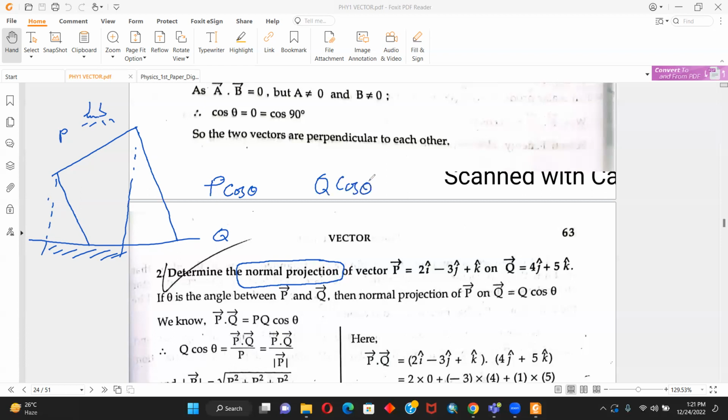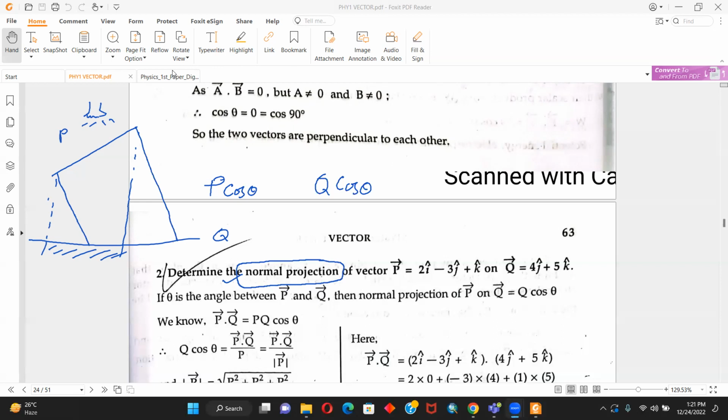When we study geometry in higher mathematics, we will understand why the normal projection of a particular thing changes into Q cosine theta. For now, just remember that in the case of normal projection, we are not using the object of which we are taking projection, rather the plane on which we are taking projection.